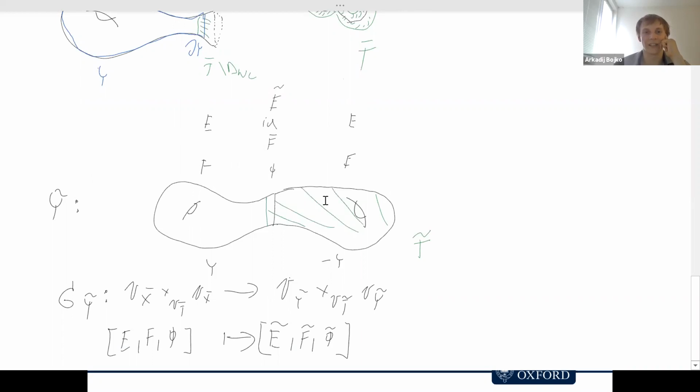And phi tilde is the identity on this new negatively oriented copy, and is phi in the intersection of Y with the tubular neighborhood that I used to extend phi.